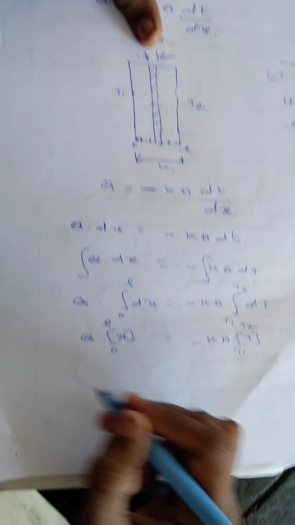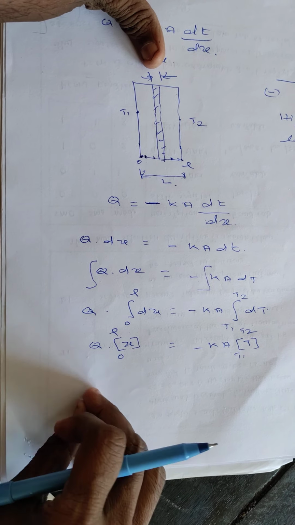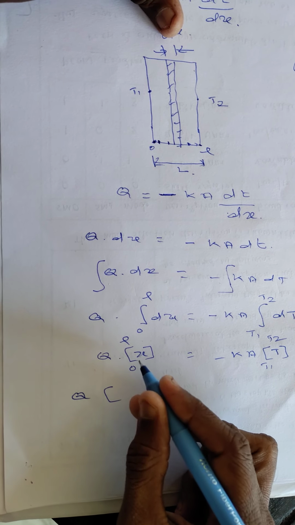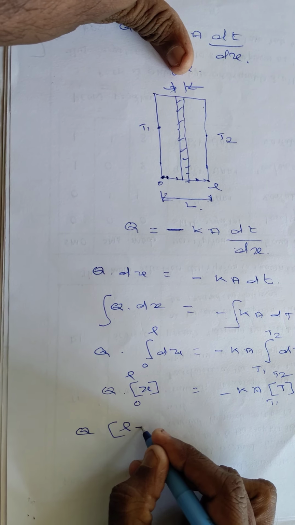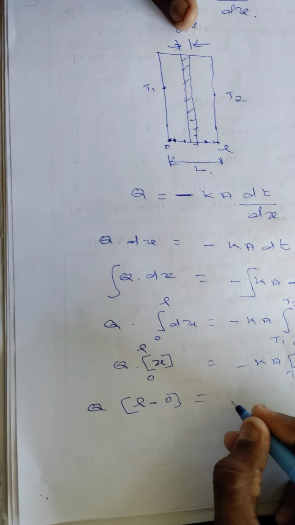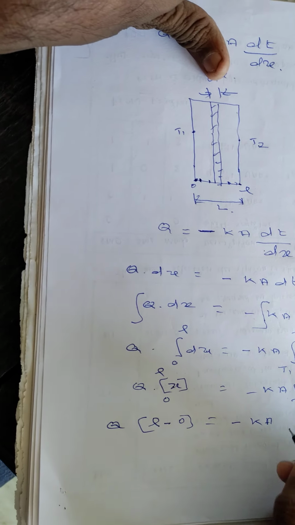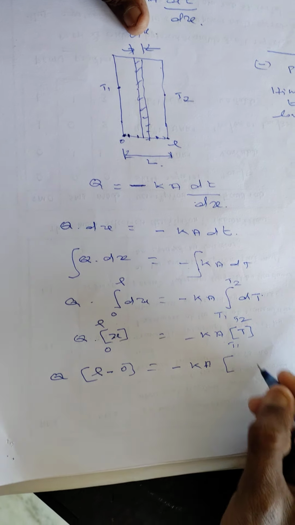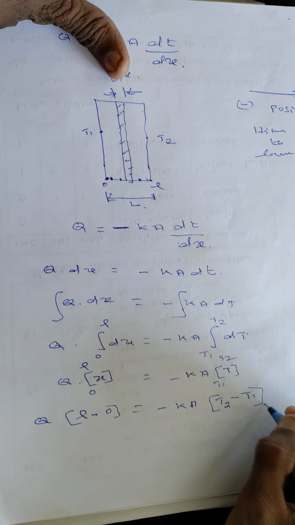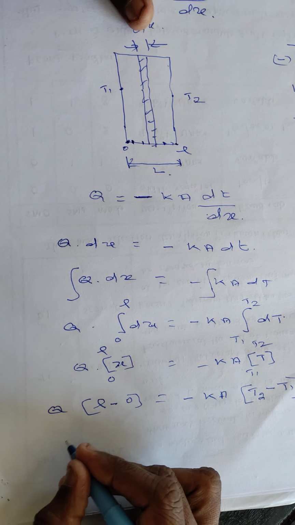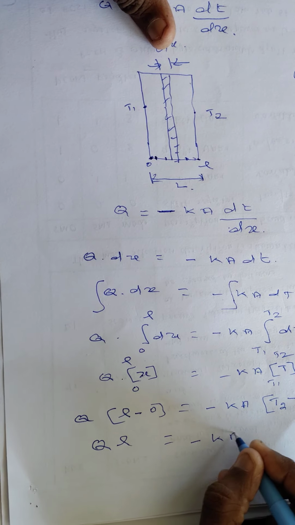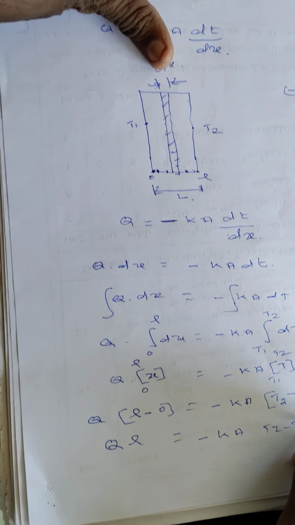Substituting the limits, instead of x we put L minus 0, equal to minus Ka into T2 minus T1. So Q into L is equal to minus Ka into T2 minus T1.